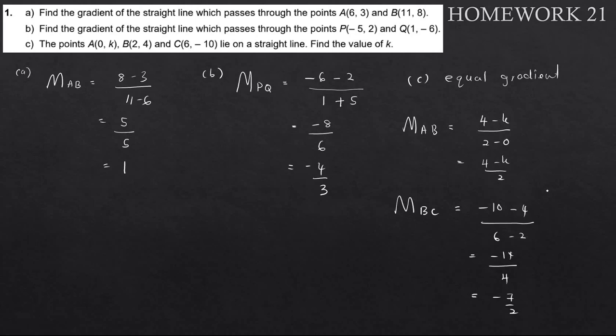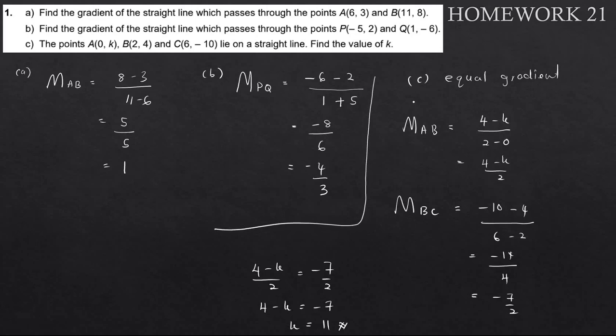And then to find k, let's compare. 4 minus k over 2 is equal to negative 7 over 2. So 4 minus k equals negative 7. K equals 11. K equals 11.